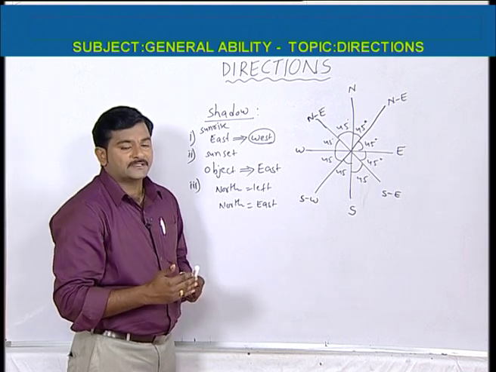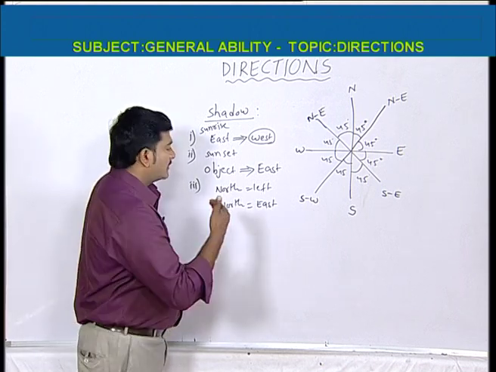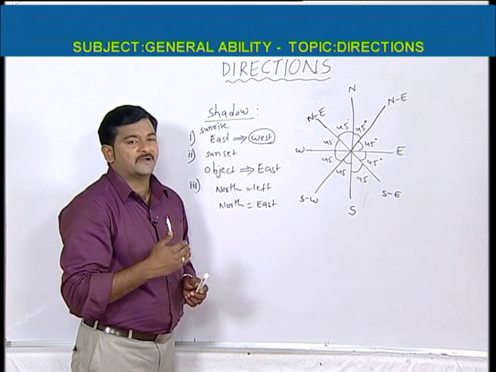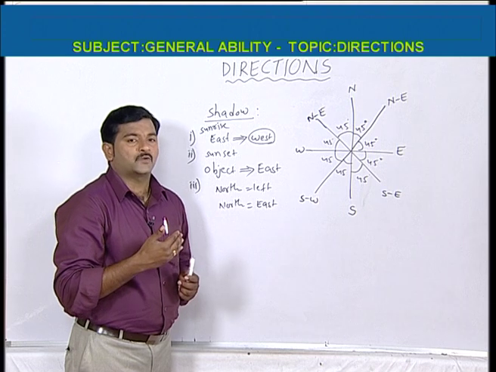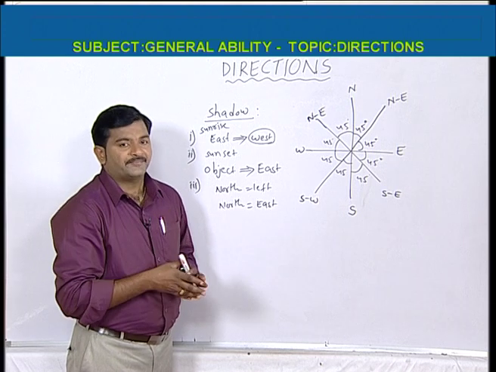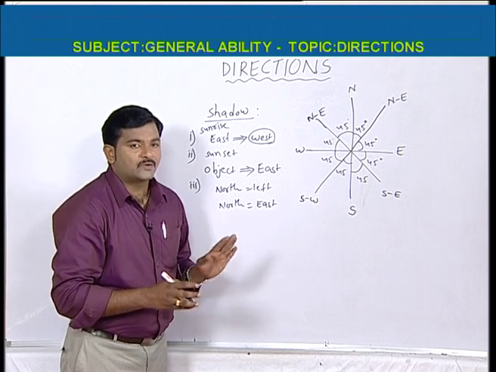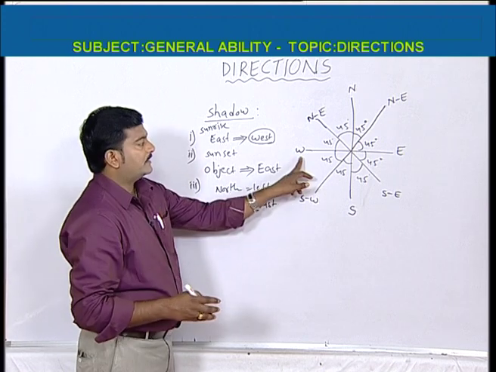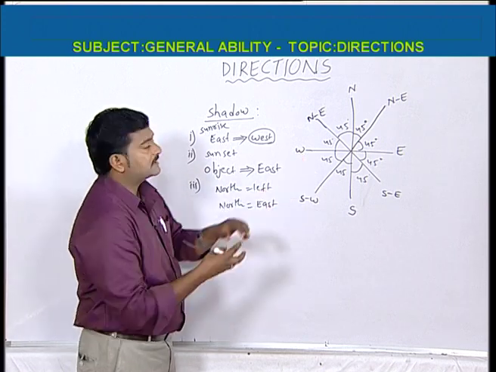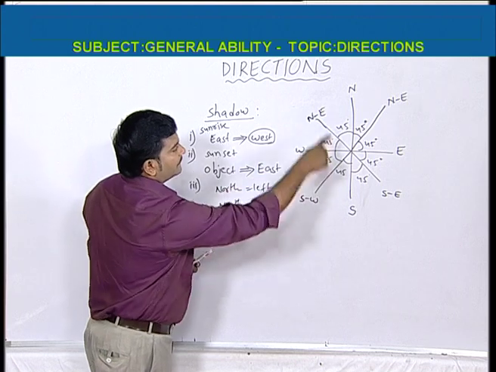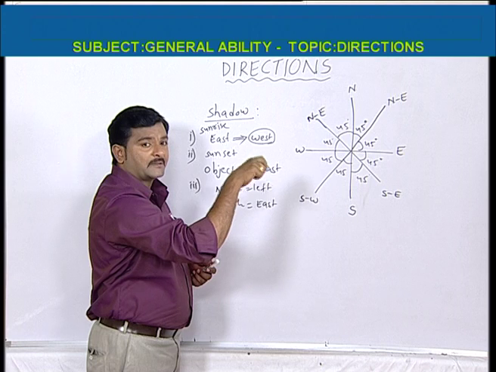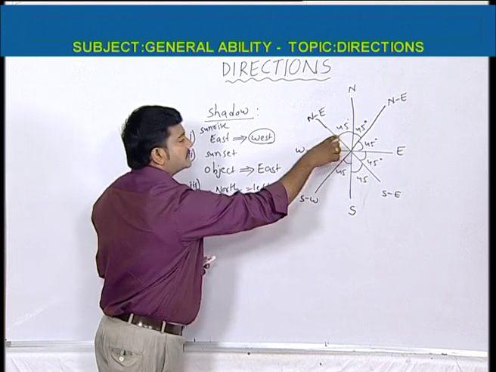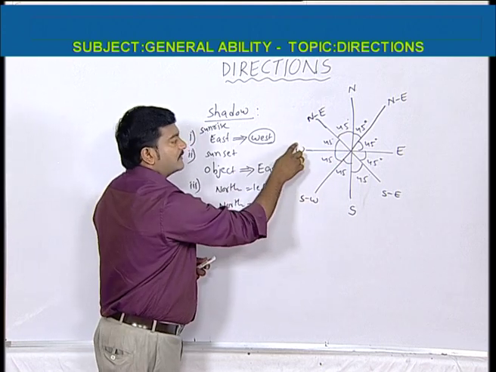Third point I will say once again. Think that the person is facing towards north direction. At the time of sunrise, in the morning time, his shadow will be always towards left direction.